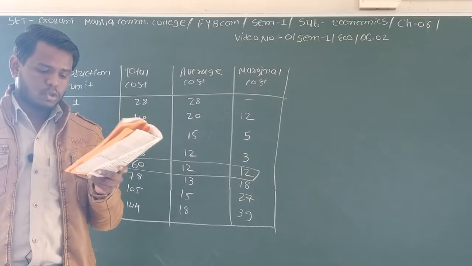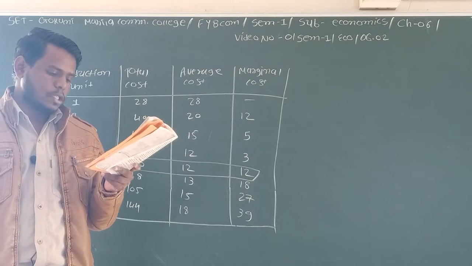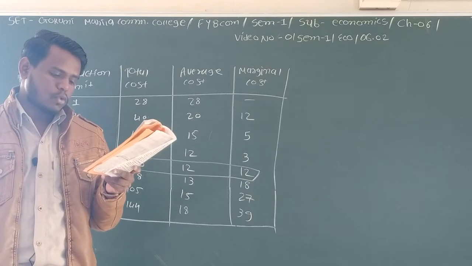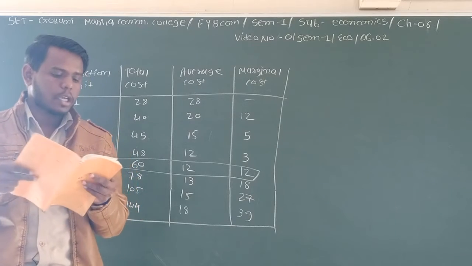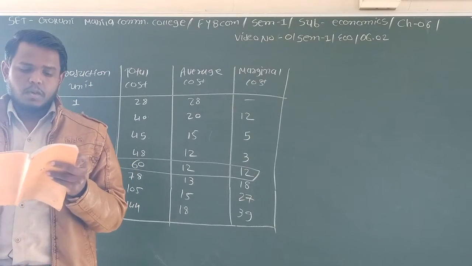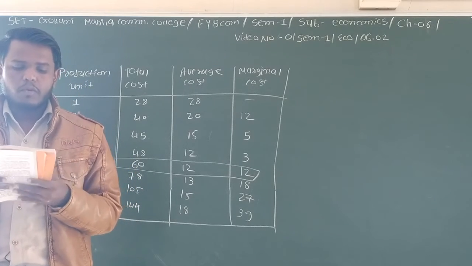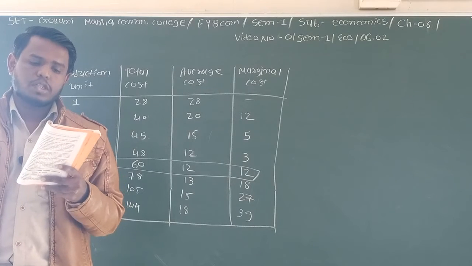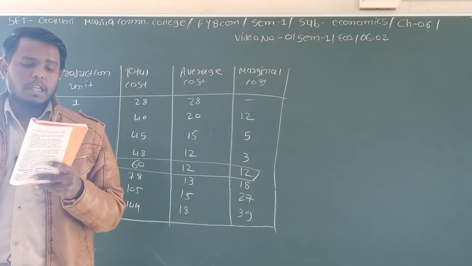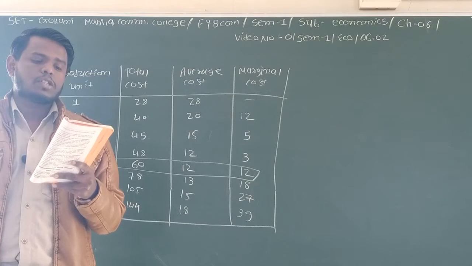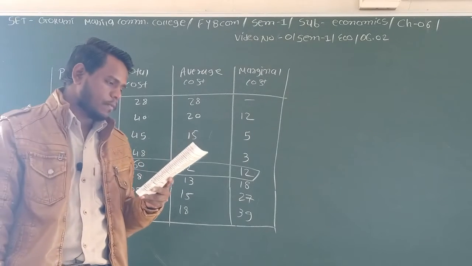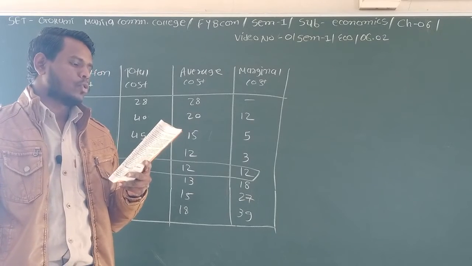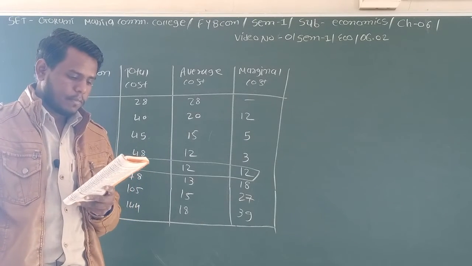And when average cost reduces, marginal cost is less than average cost, and when average cost increases, marginal cost is more than average cost. From 1 to 4 units, when average cost reduces, marginal cost is less than average cost each time, and at the fifth unit there is no increase in average cost. From the last units, average cost is increasing and marginal cost is more than average cost each time.